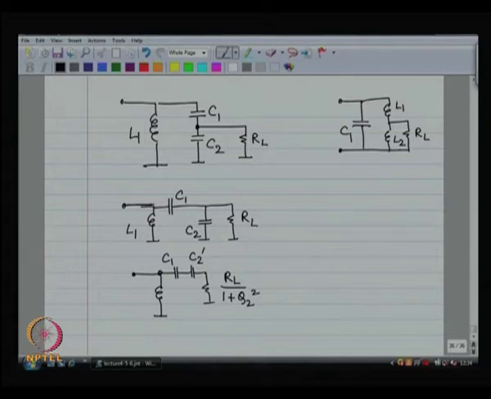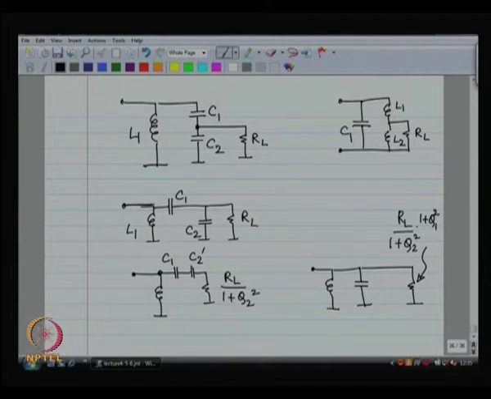C 1 in series with C 2 can be lumped together as one big capacitor, and now once again you can do the parallel to series to parallel transformation, where Q 1 is equal to... Yes.